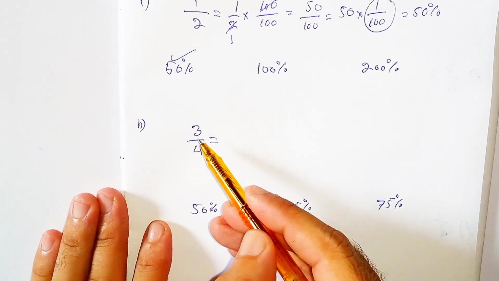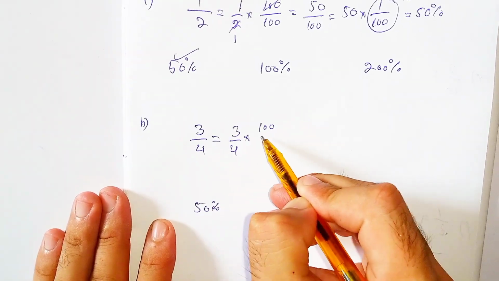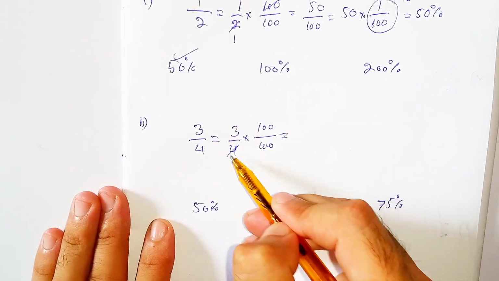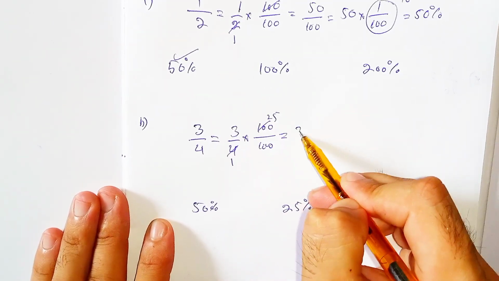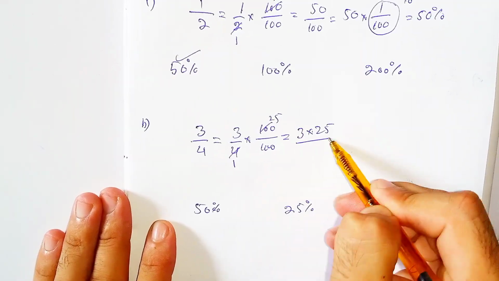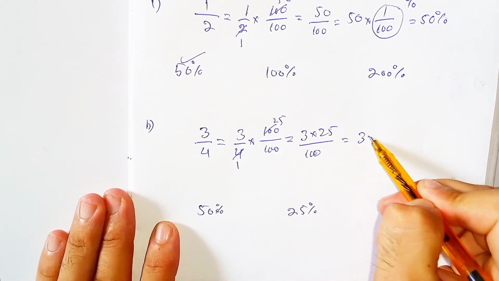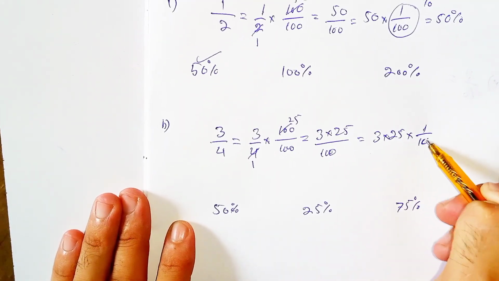Now here is another example, 3 over 4. So 3 over 4 multiplied by 100 and divided by 100. Right, so 4 times 1 is 4 and 4 times 25 is 100. So 3 times 25 divided by 100, or 3 times 25 multiplied by 1 over 100.